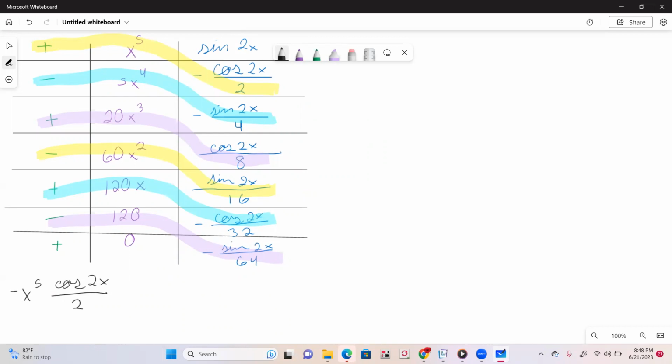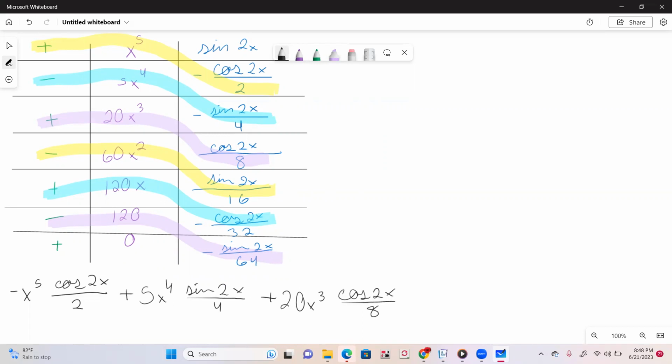Negative times a negative is a positive, so we're going to have plus 5x to the 4th times sine 2x over 4. Positive times positive is a positive. 20x to the 3rd times cosine 2x over 8.